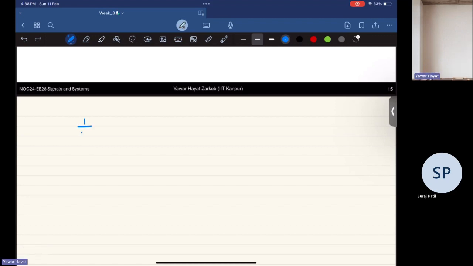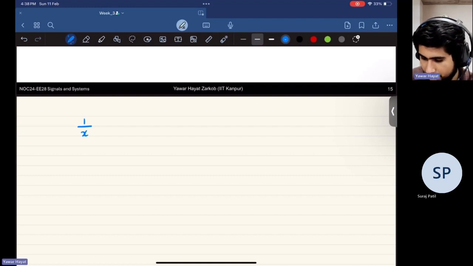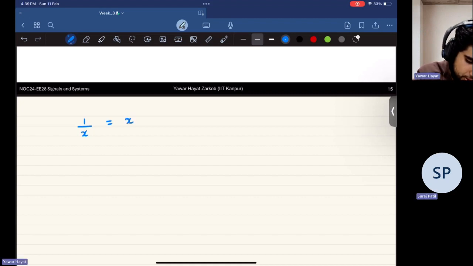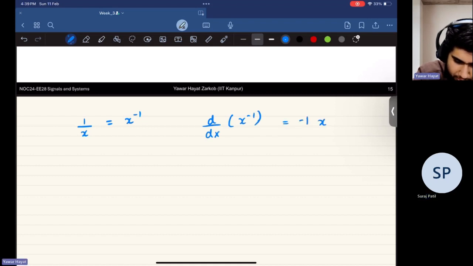So if I give you 1 over x and I tell you to take the derivative of this 1 over x, what would be the derivative of 1 by x? 1 over x is x raised to the power minus 1, and d by dx of x raised to minus 1 would be minus 1 x raised to the power minus 1 minus 1. This would be minus 1 over x square.